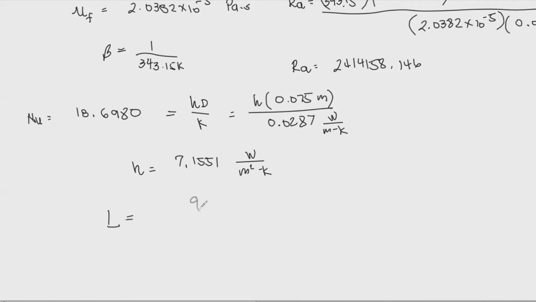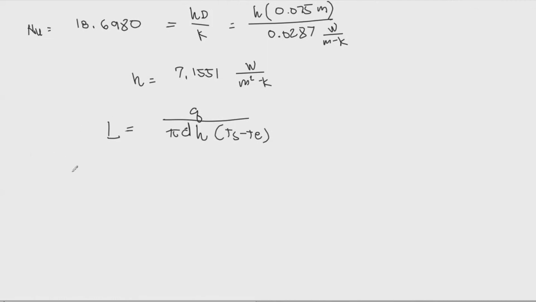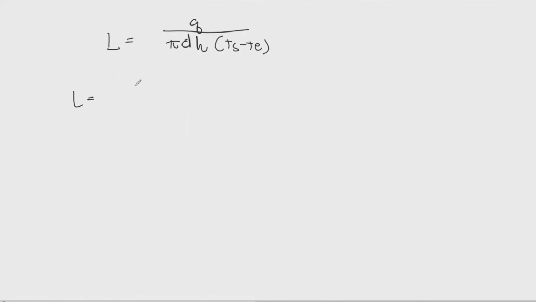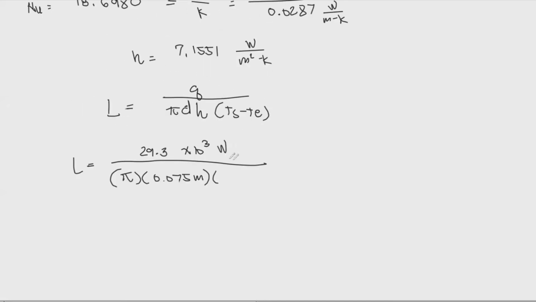L is equal to Q over pi D h, and then Ts minus Te. So we substitute the values here, so we get L is equal to, remember, our Q is 29.3 kilowatts, that's times 10 cubed watts, divided by pi, and then the diameter is 0.075 meters, and then h is 7.1551 watts per meter squared Kelvin that we've solved before.